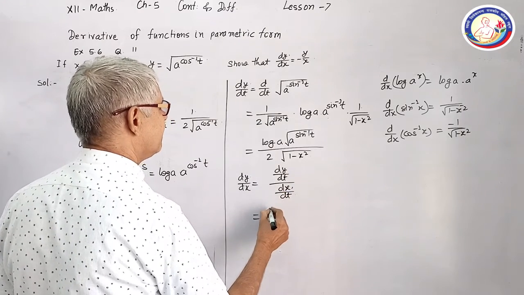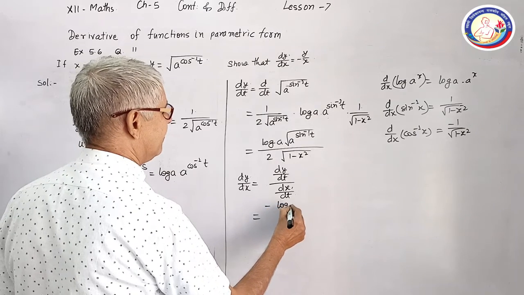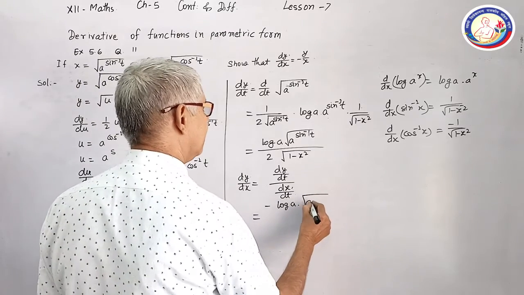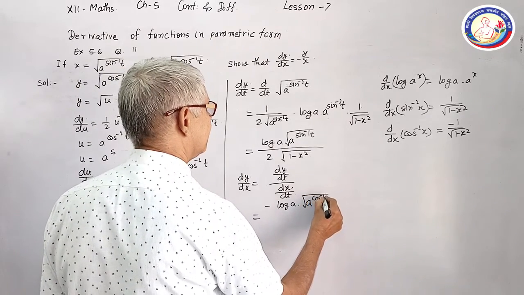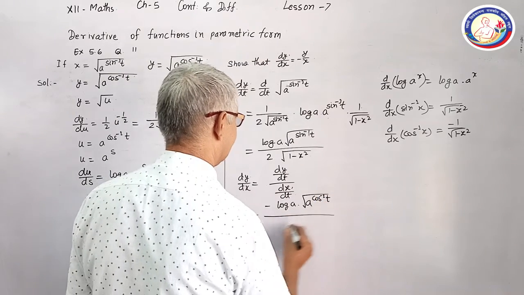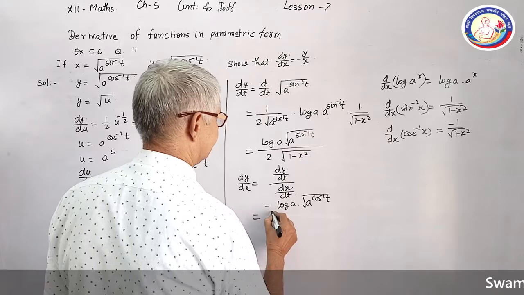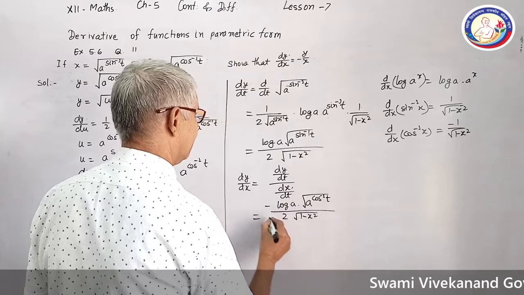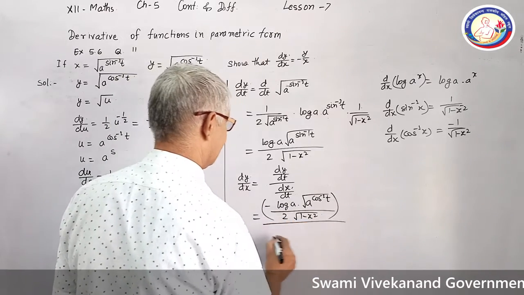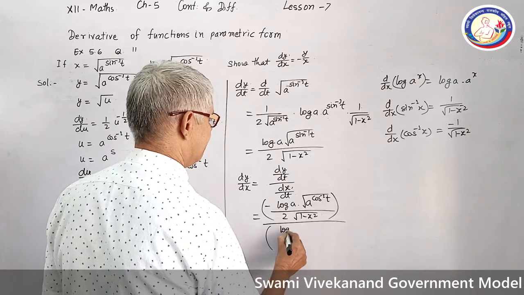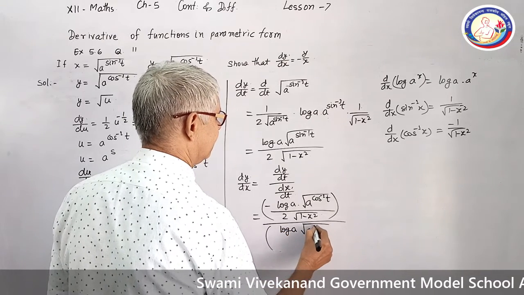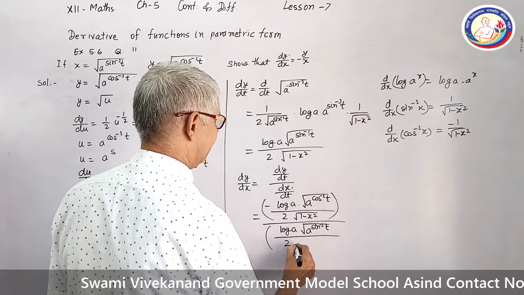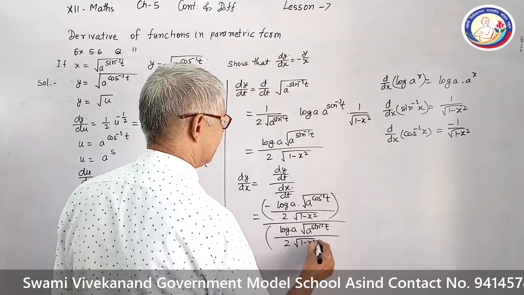On substitution we shall get minus log a into square root of a raised to power cos inverse t, divided by this numerator here 2 square root of 1 minus x square, divided by log a, square root of a raised to power sine inverse t, and this is square root of 1 minus x square.